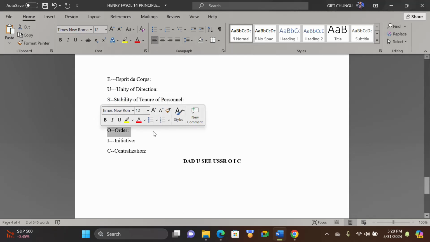And then we also have what we call order. You cannot run an institution or an organization without order being there. If you remove that order, you do not know what you are looking at. That is why we have departments and sections.